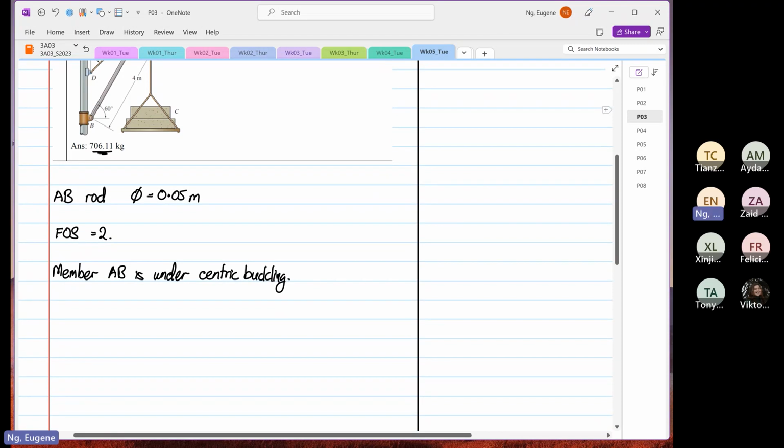So the formula that comes to our mind is P critical equal to pi squared EI over L squared. Okay.